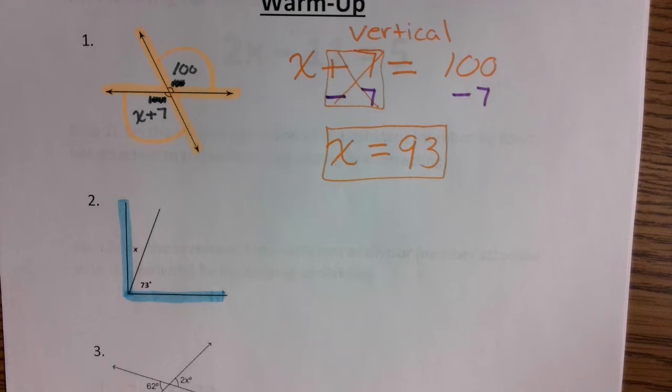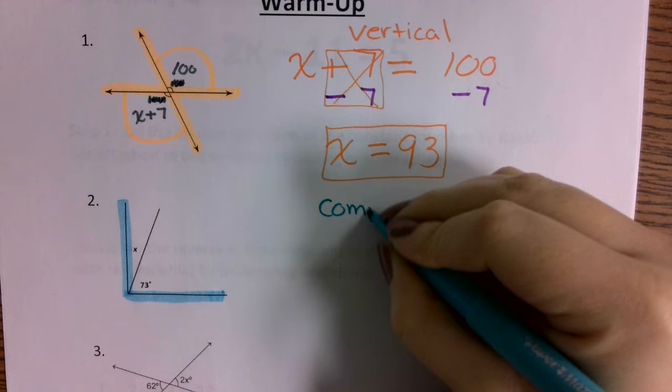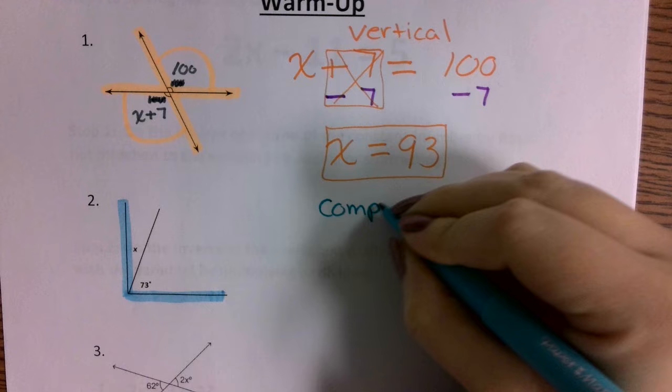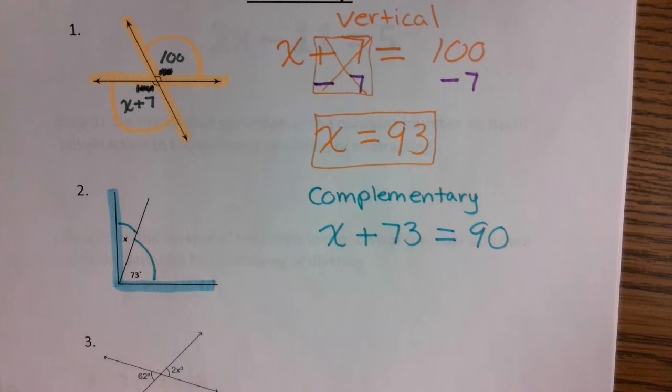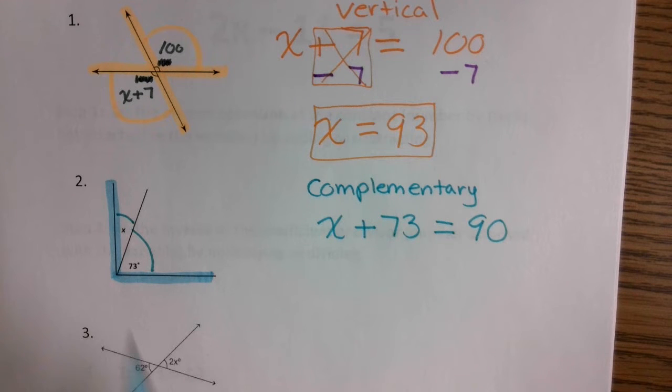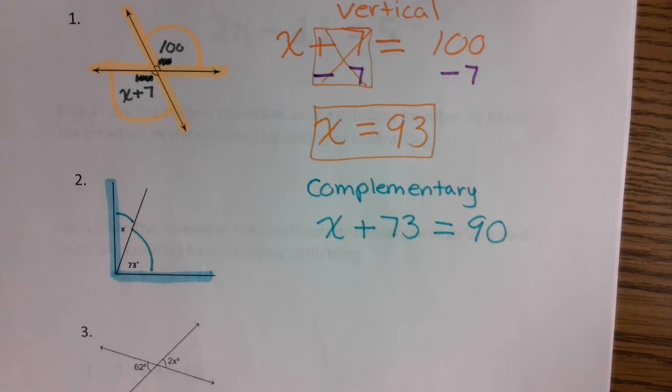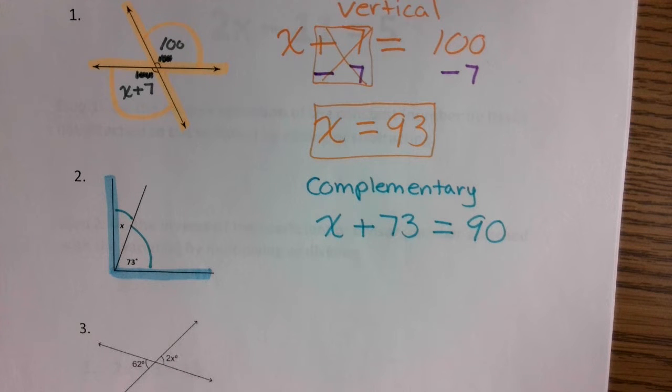Okay, complementary means that when you add them together, it should equal how many degrees? 90. So by adding, it's going to come out to 90. So x plus 73 is going to be equal to 90 degrees. That's the equation that I make when I see a set of complementary angles.